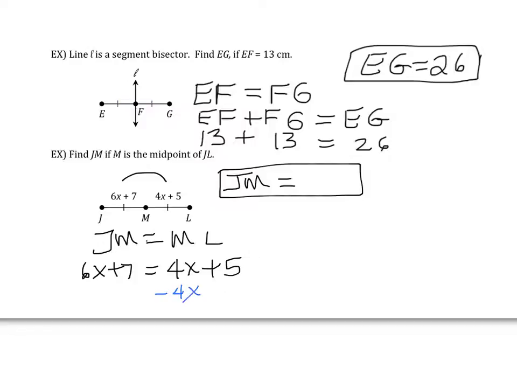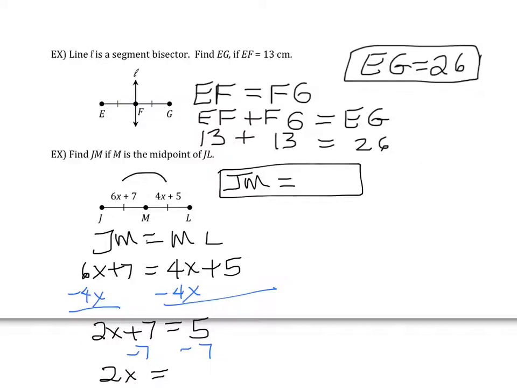Now we can solve this equation by subtracting 4x from both sides, which gives us 2x plus 7 will equal 5. Next, we're going to subtract 7 from both sides, and that will leave us with 2x equals a negative 2.